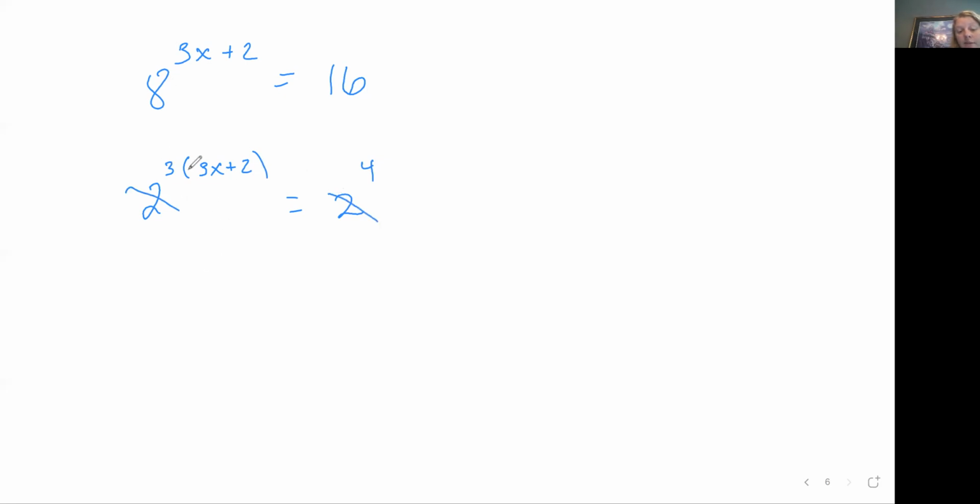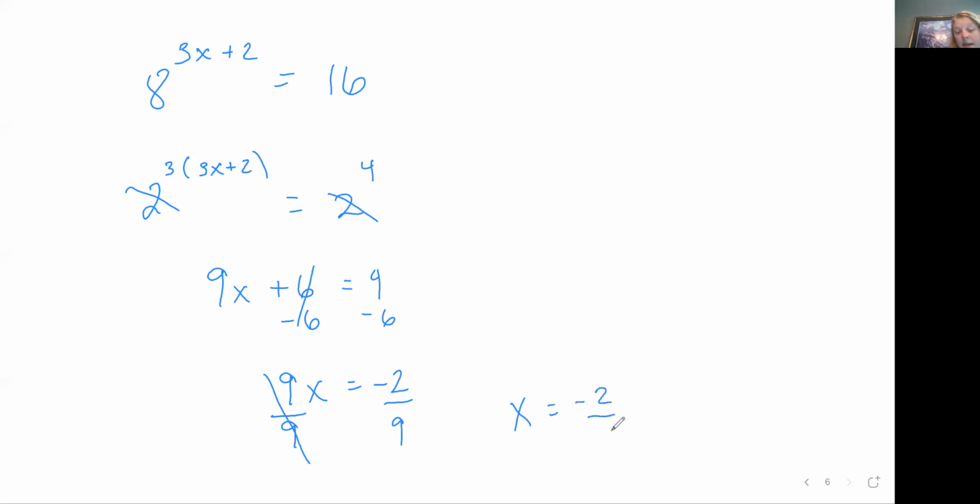So now all we have to do is solve that. So we get 9x plus 6 equals 4. Subtract 6. And because these are not logarithms, there's no restrictions on the number here. We can actually get negative answers, and those are okay.